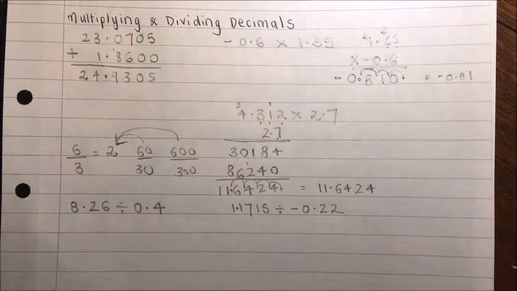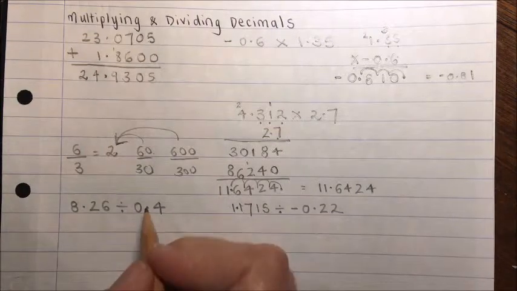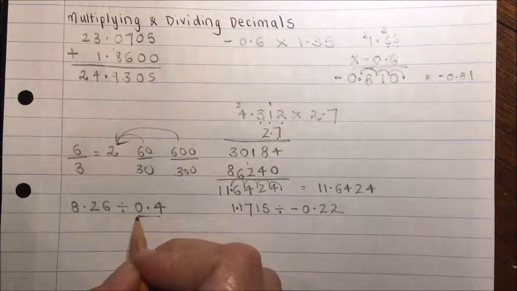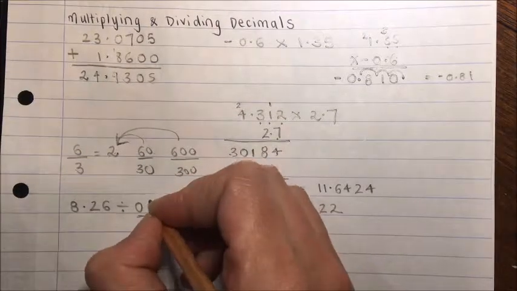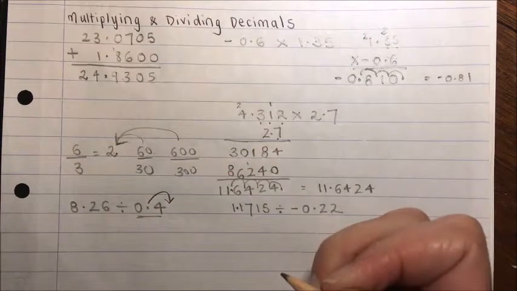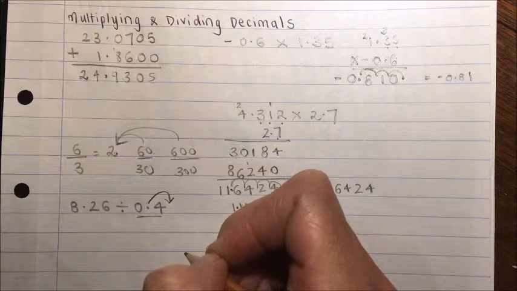And the reason that's important is when we start dividing decimals, we don't want the number that we're dividing by to be a decimal. We want it to be a whole number. So I'm going to move that to the right one pace, so it becomes 4. So essentially I've just multiplied it by 10.